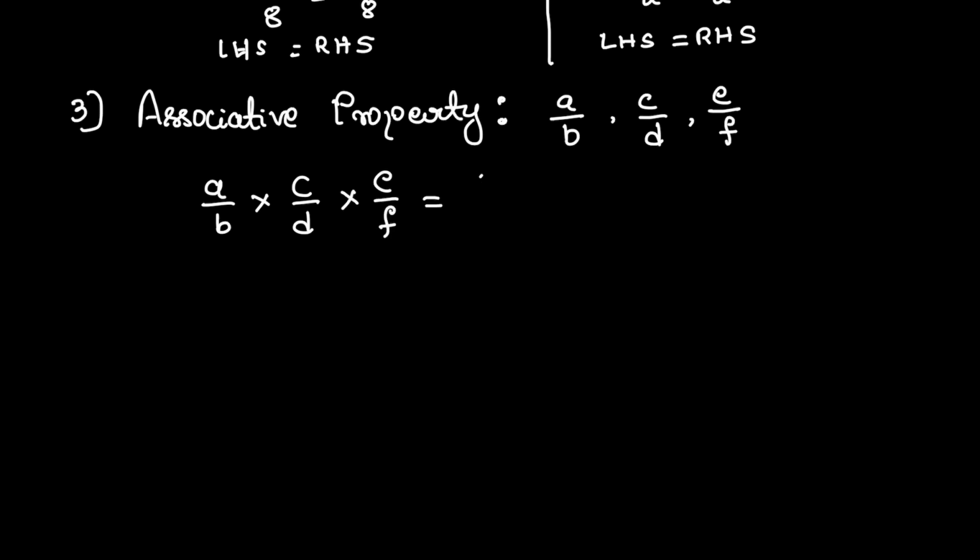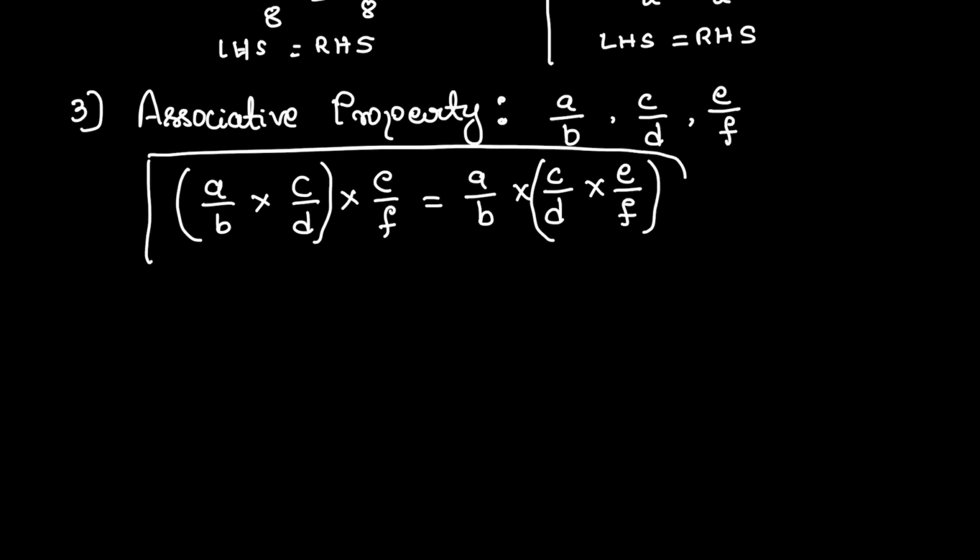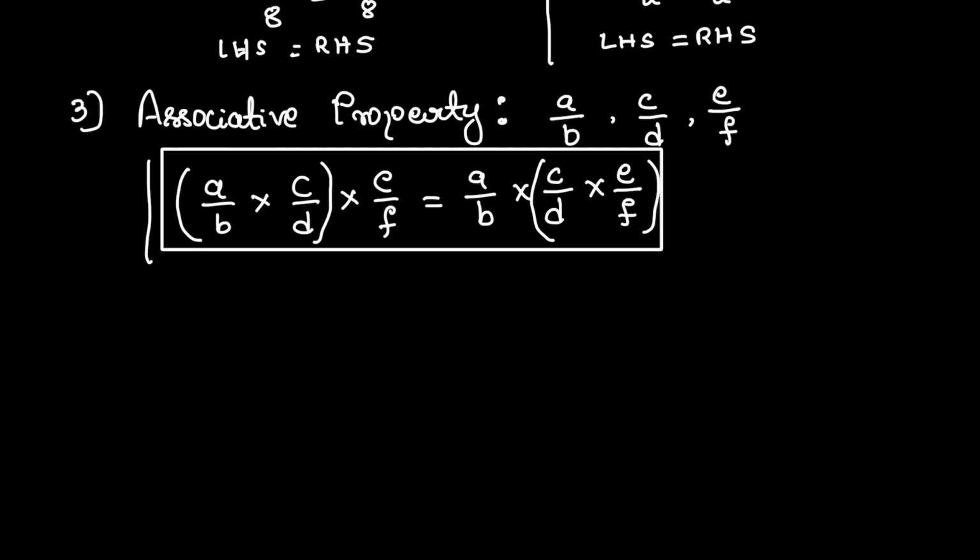On the right hand side, (A by B into C by D) into E by F. Next, grouping these: you can group the first two rational numbers, and the last two rational numbers. So we should check whether we get LHS is equal to RHS.